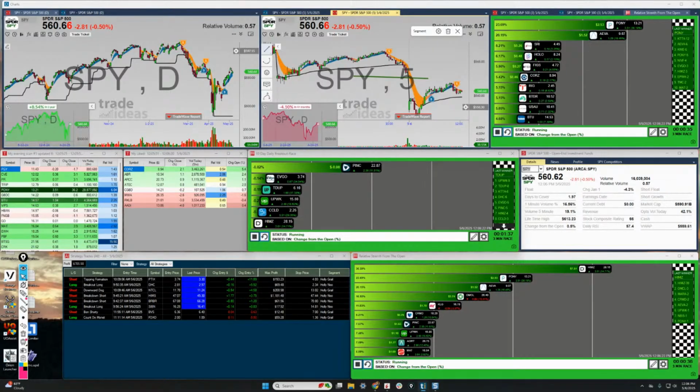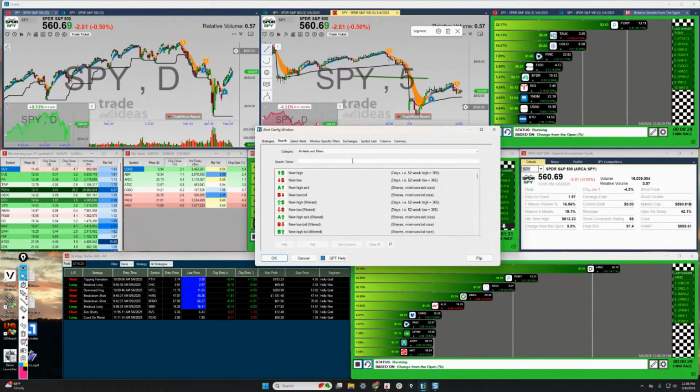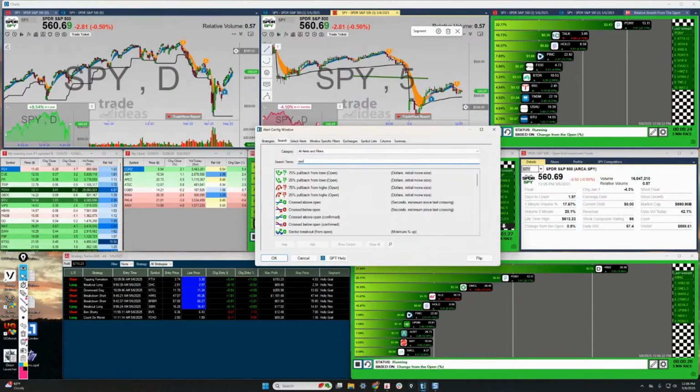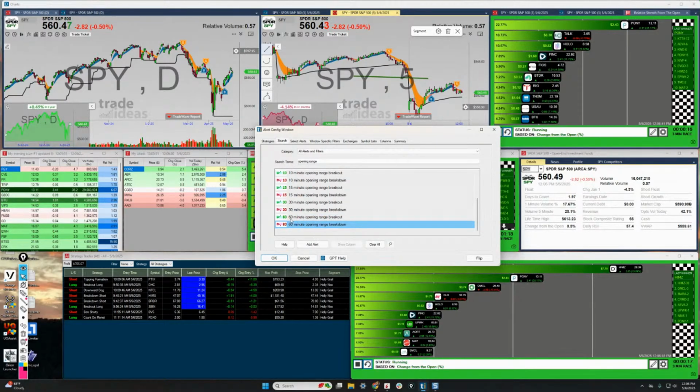Sorry, the software's being ultra slow right now. In the configure window, you can just scan for opening range breaks or breakdowns. So you've got the opening range breakout or breakdown. That's really all you can scan for at this point. We don't have a filter to do that there, Jason.